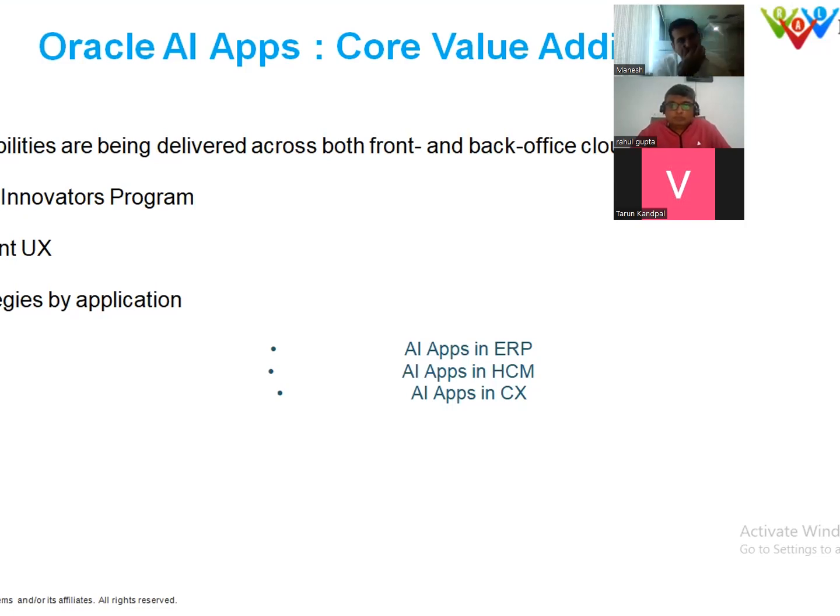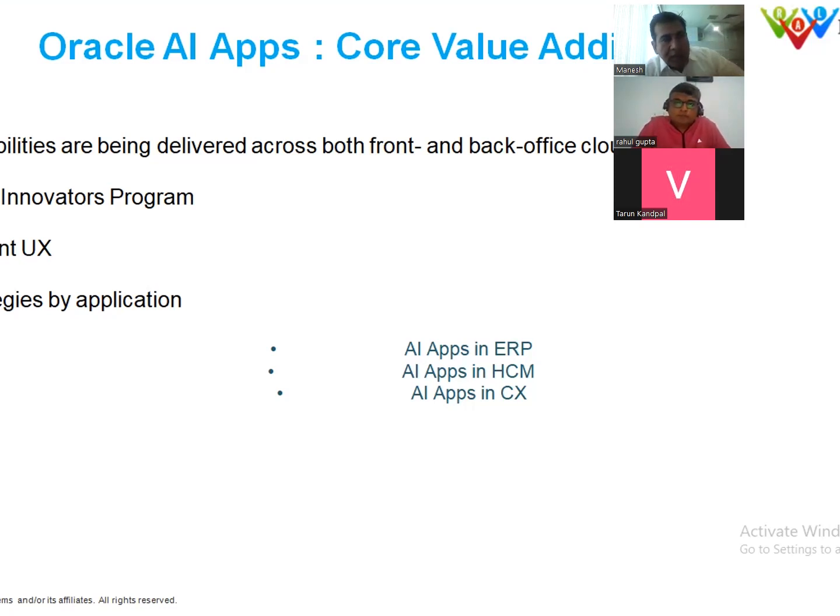Then we have the AI apps innovator programs. This is a great initiative by Oracle, wherein any client or customer can work with Oracle. Oracle provides an opportunity for customers to work directly with their product managers, developers, and data scientists, and come up with a new AI feature.